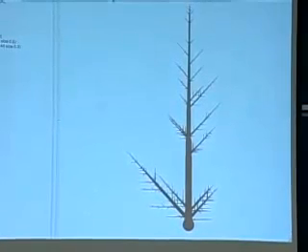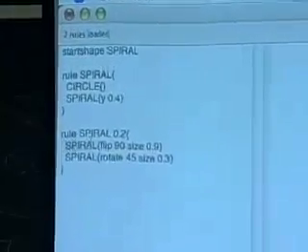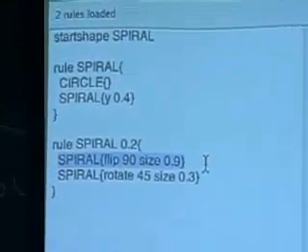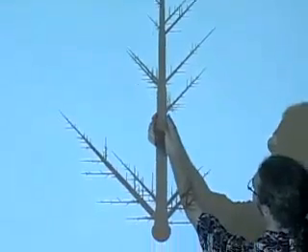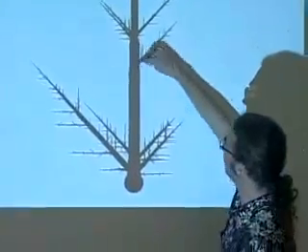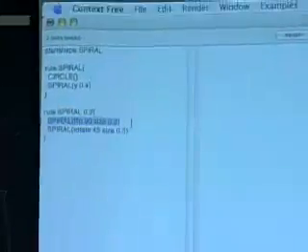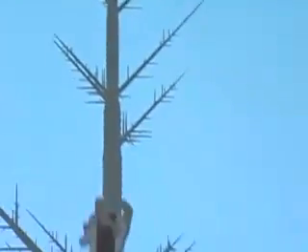So I'll just explain the rules in case you didn't follow. The first part of this rule encodes the fact that whenever it branches, the size gets a little smaller by a factor of 0.9. And you form this branch, and the second rule here says size 0.3. That means the size of this branch is 0.3 the size of the original trunk.